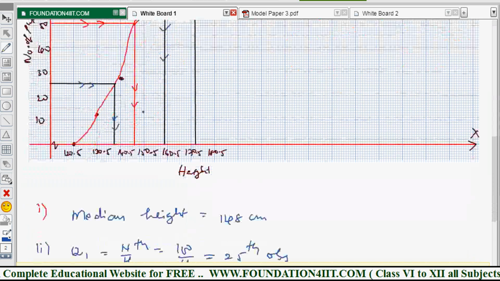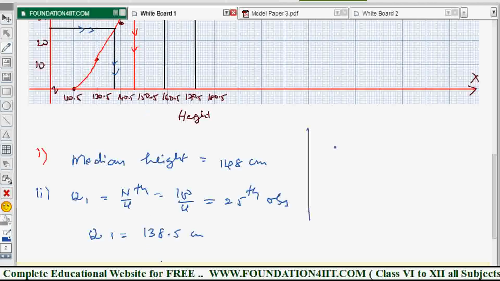Therefore, from the graph, we can write that, using this graph, the number of students whose height is less than or equal to 172 centimeters is 94 students. Touching at 94, right?